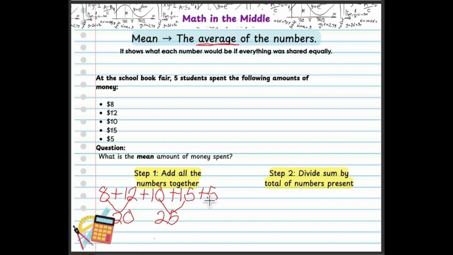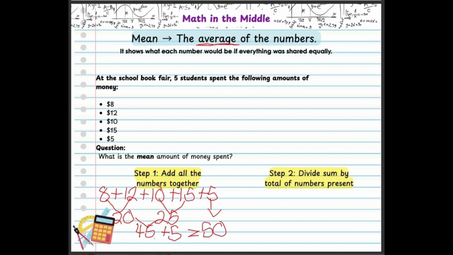And we just have 5 left. So 20 and 25 make 45. Plus the 5 gives us a total number of 50. Okay, so step 1 done.